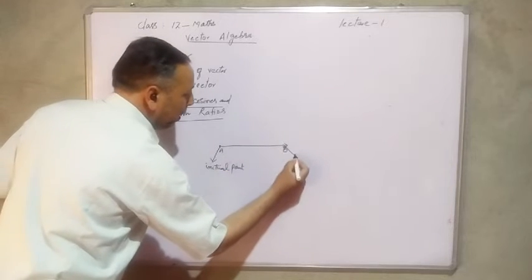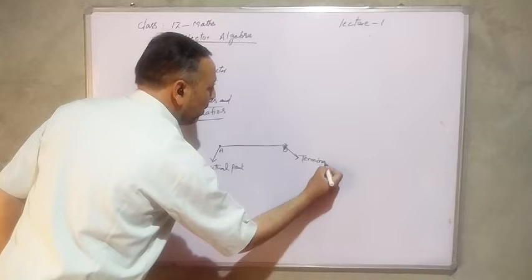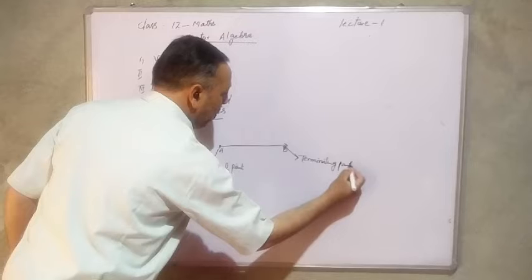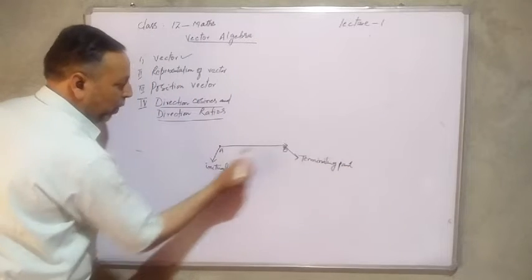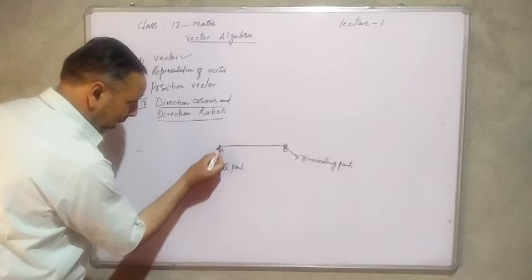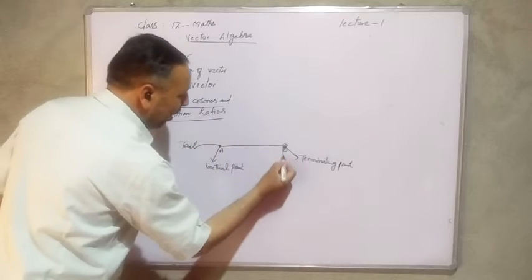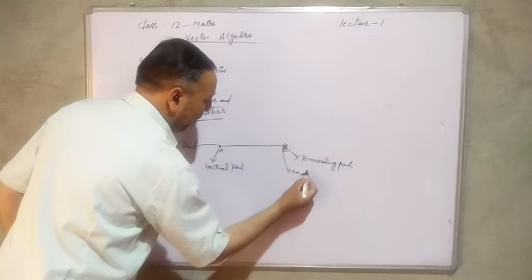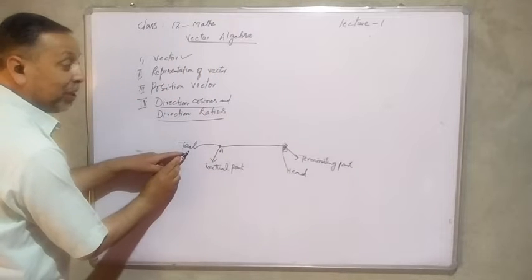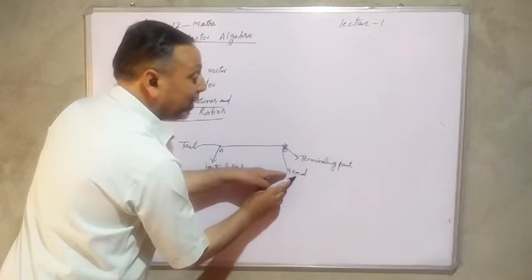And this point B is called the terminating point. A is also called the tail and B is also called the head. A is either called the initial point or the tail, and B is called the terminating point or the head.